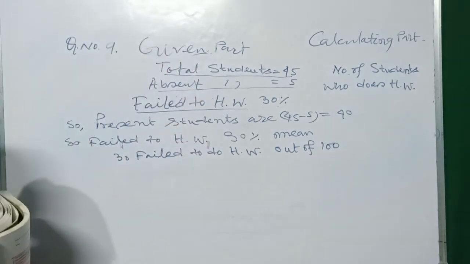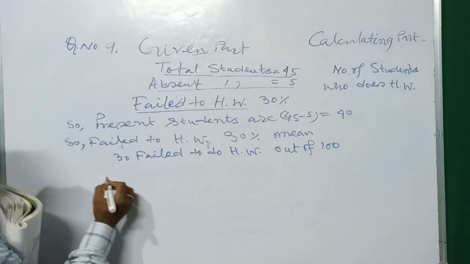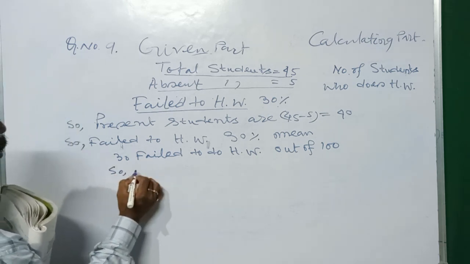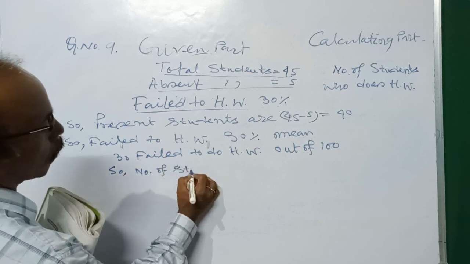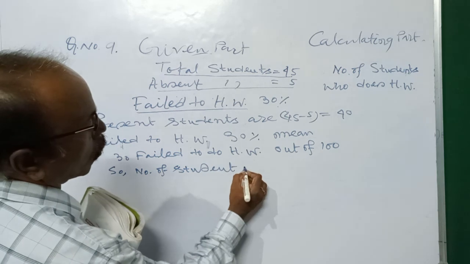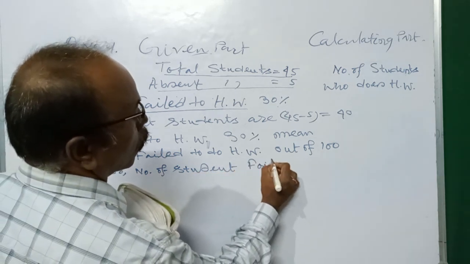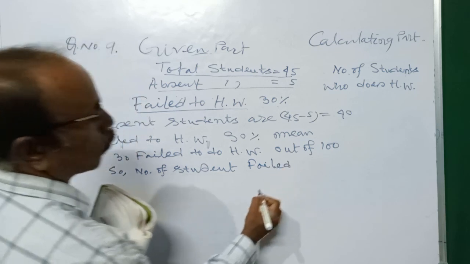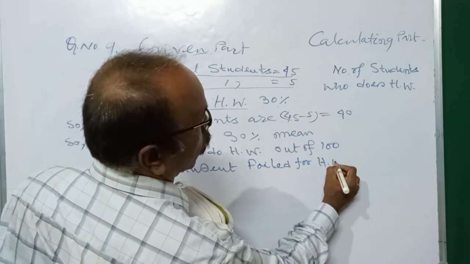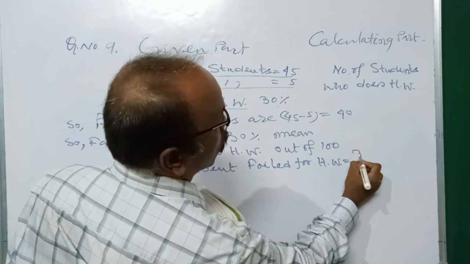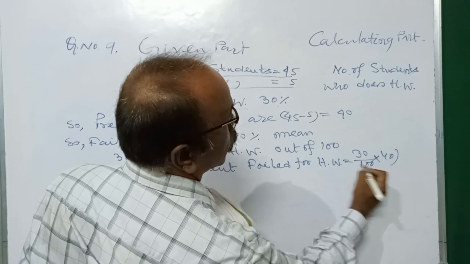Am I clear? So, number of students failed for homework is equal to 30 divided by 100 into 40.